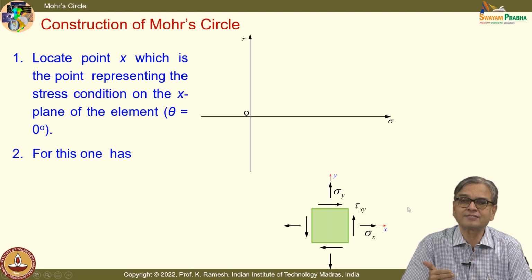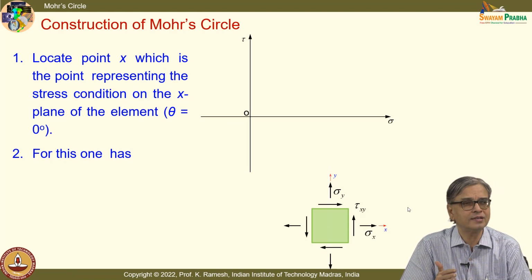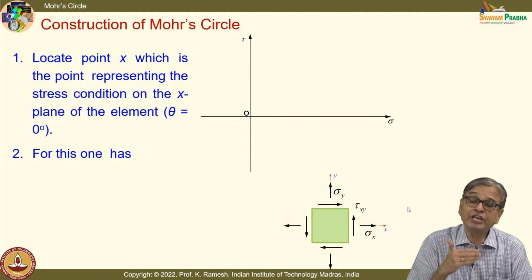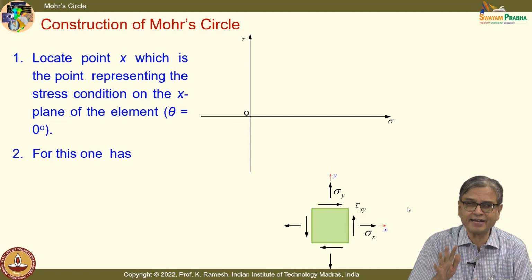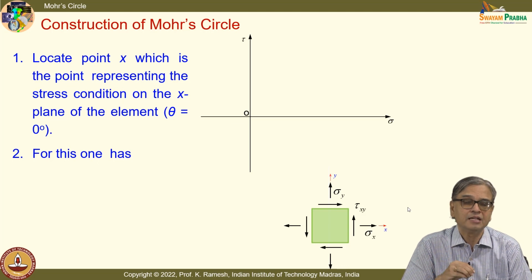I am not putting it as tau xy, tau yx and so on. We have learnt already from moment equilibrium that tau yx equals tau xy. In certain mathematical representations, we need to preserve this tau yx and tau xy, that we will see later. But equality of cross shear is a useful property, it makes the stress tensor symmetric.